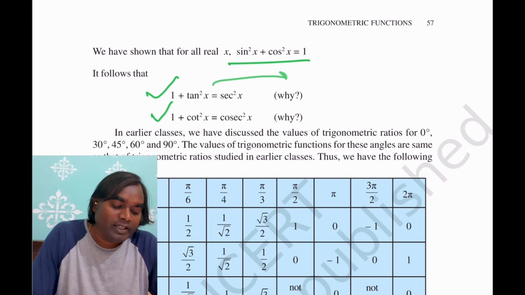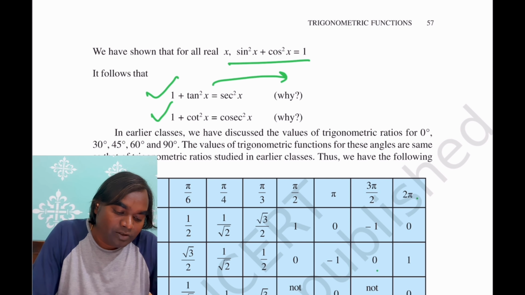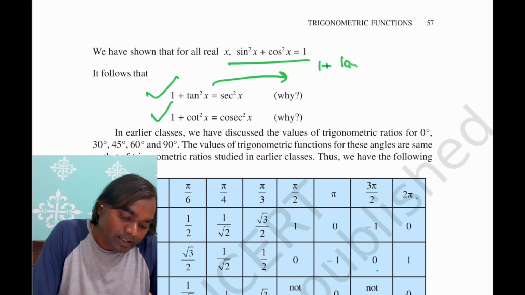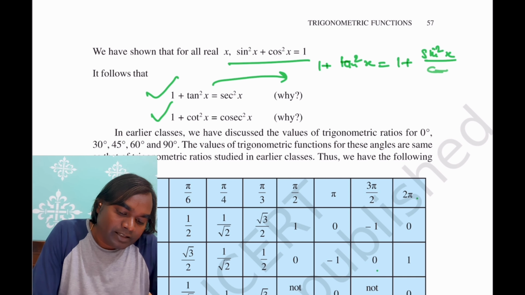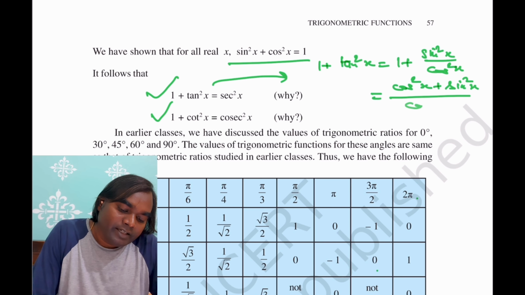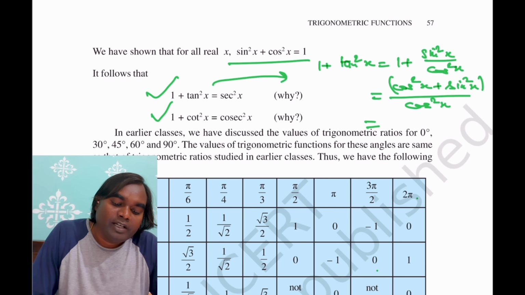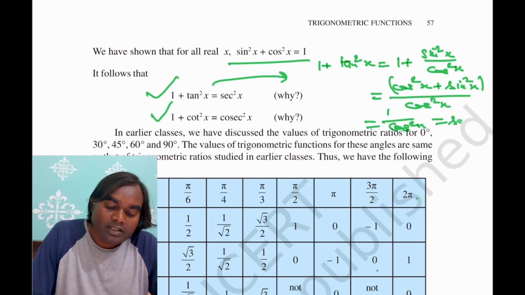So let us solve this. 1 plus tan square x is equal to 1 plus sin square x divided by cos square x, which is equal to (cos square x plus sin square x) divided by cos square x, and this numerator value is equal to 1. So 1 by cos square x, and 1 by cos square x is nothing but sec square x.